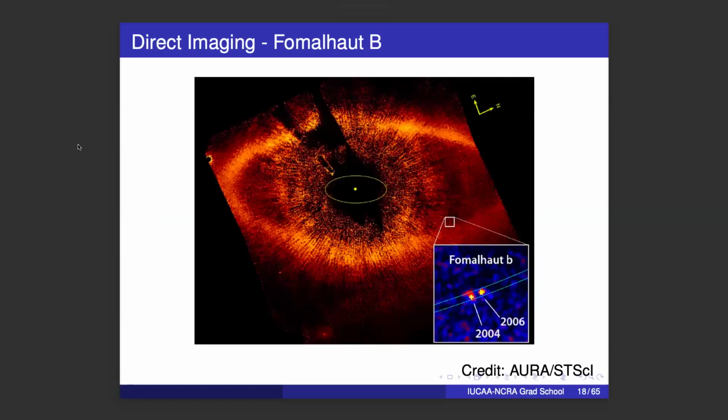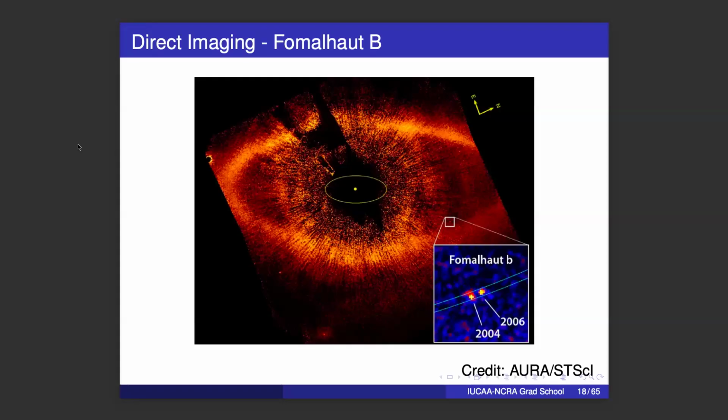Okay, so direct imaging, Fomalhaut B. There is a star called Fomalhaut, which is sitting in the center, and it's represented by this. So what do you think? Why do you think we are not seeing the light of the star itself? You're blocking it. There is something known as a stop, which can be placed strategically, which sort of blocks the light of the central star.